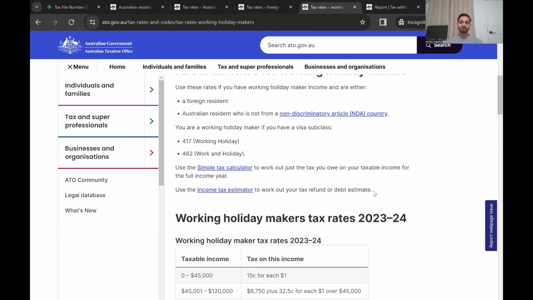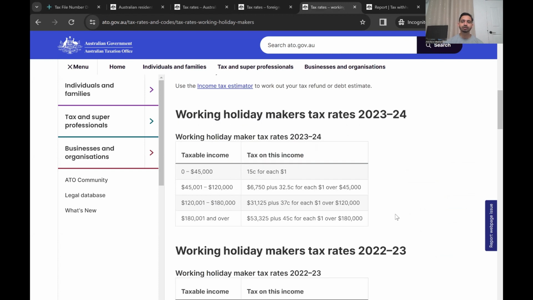You do have a lower tax rate. From 0 to 45,000, you pay only 15%. From 45 to 120,000 is 32.5%, 120 to 180,000 is 37%, and 180,000 and over is 45%, which is similar to Australian residents. But you do have a lower tax rate, though you don't have any tax-free threshold.